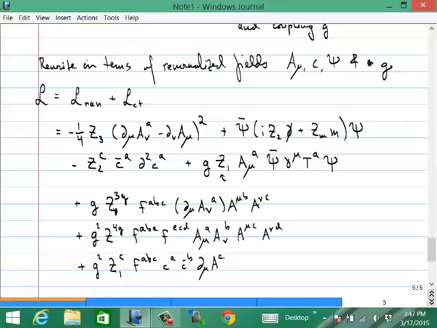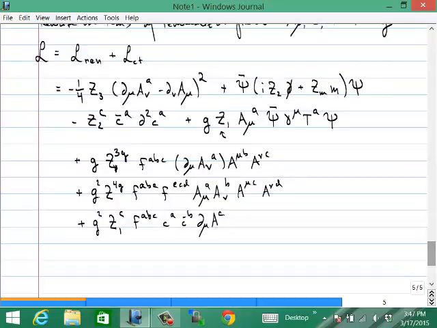And the point is that there are really 4 different places in these interaction terms where the gauge coupling appears. And we should introduce counterterms for every interaction vertex. So you'll have counterterms for each one of those 4 terms, which you could also rewrite as renormalizations of those 4 different couplings in the theory. So in particular, you could worry that this coupling, this coupling, this coupling, and this coupling all get renormalized differently.